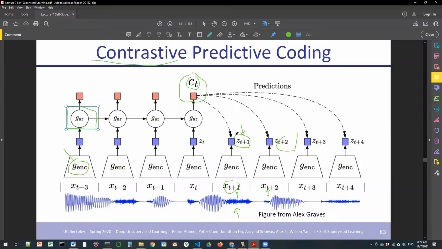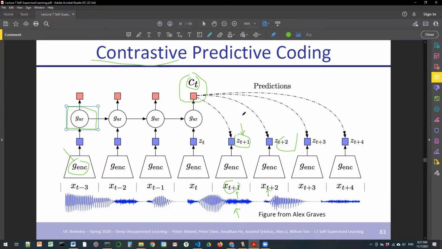Why? Because it's also important to understand that contrastive predictive encoding doesn't just predict one time step latent, but it attempts to predict multiple time step latents. And we'll also look at interesting things with respect to that choice in a minute. But the point here is that it's a multi-step prediction task.